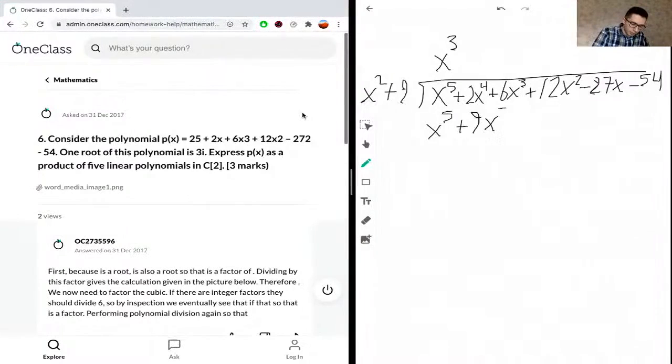Then we subtract the two polynomials. The x to the power 5 and x to the power 5 get eliminated.